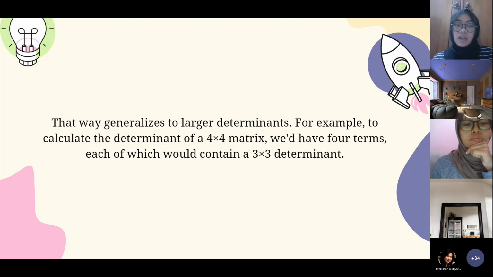That way generalizes to larger determinants. For example, to calculate the determinant of a 4 by 4 matrix, we have 4 terms, each of which would contain a 3 by 3 determinant.